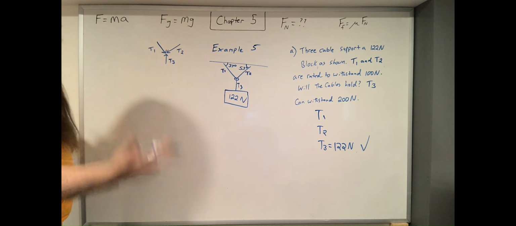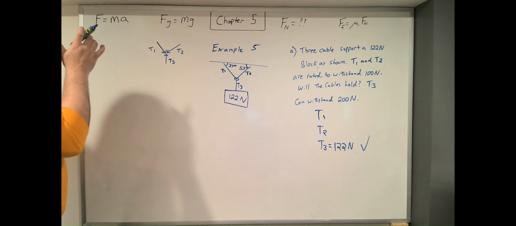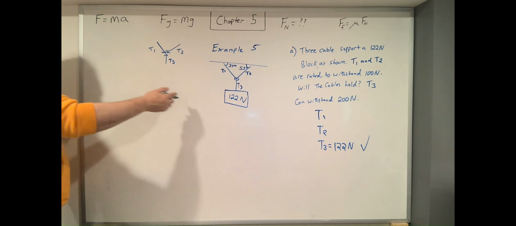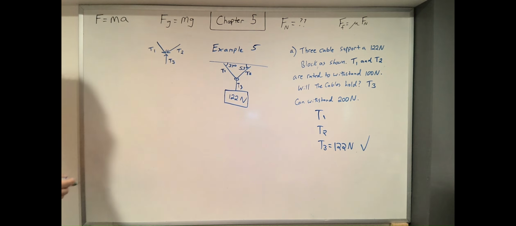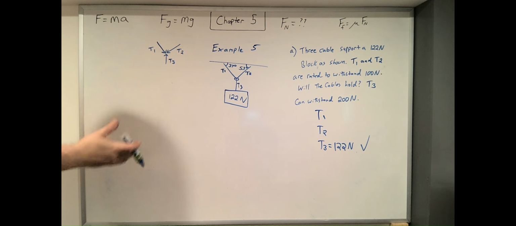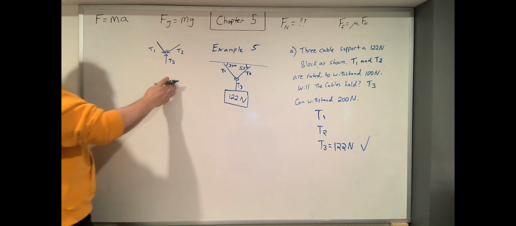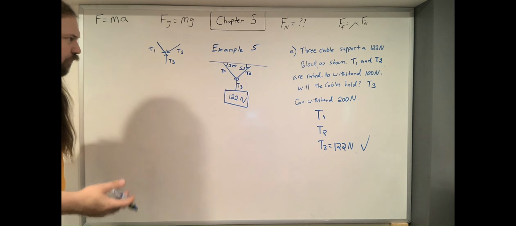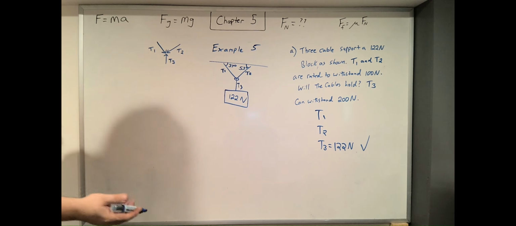We have to break them down into x's and y's in order to be able to do this. Now, T3 is straight up and down. These are at different angles to each other. It wouldn't make sense to rotate because no matter where you rotate to, you're only going to be able to satisfy one of them. So we'll go ahead and break both T1 and T2 down into x, y components. And then that way we'll get a very different looking picture.